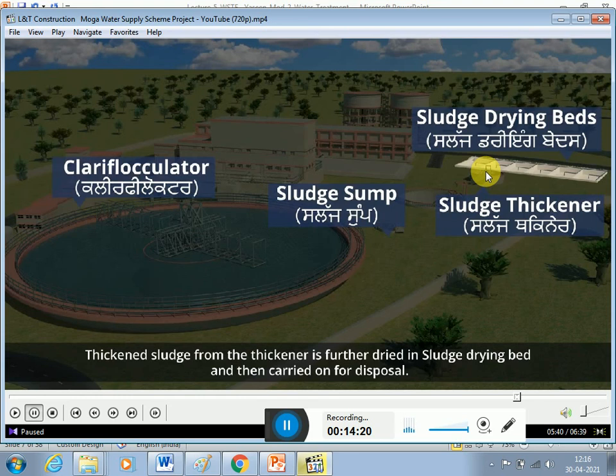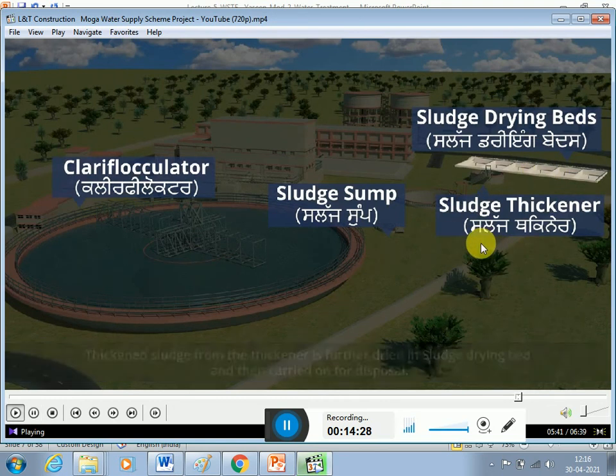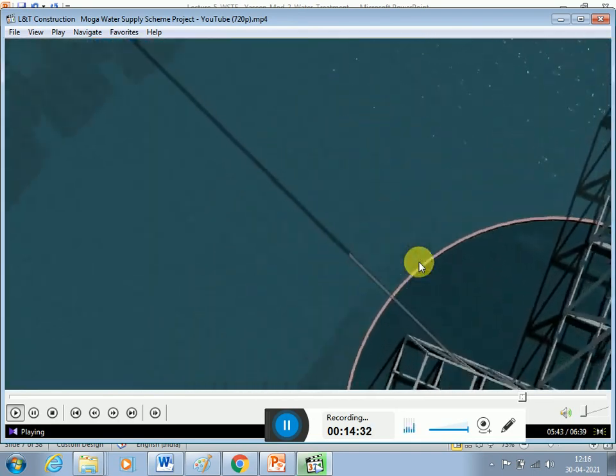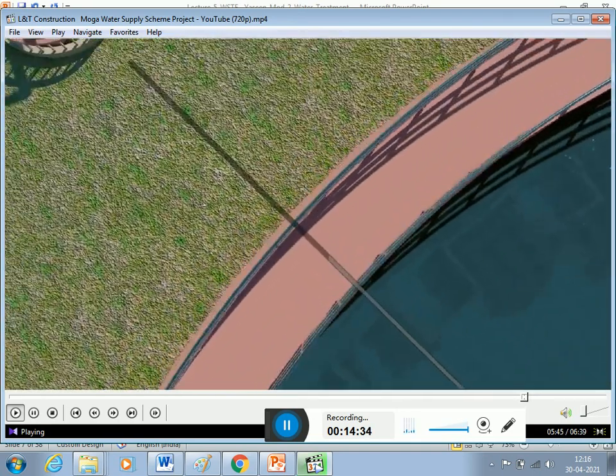Either it can be used as soil conditioning, or it can be used as manure if it has a very good organic content. So this is how the water is treated using a water treatment plant.